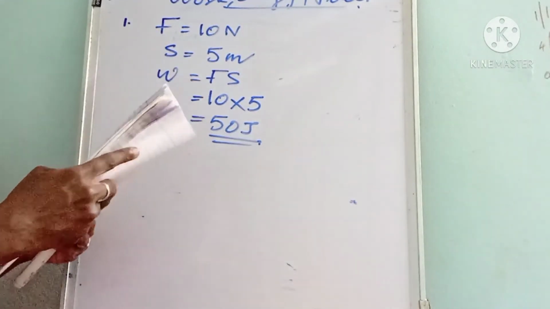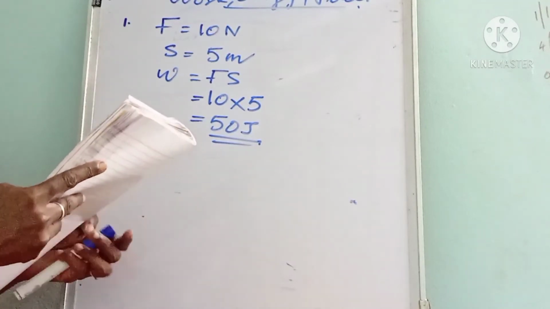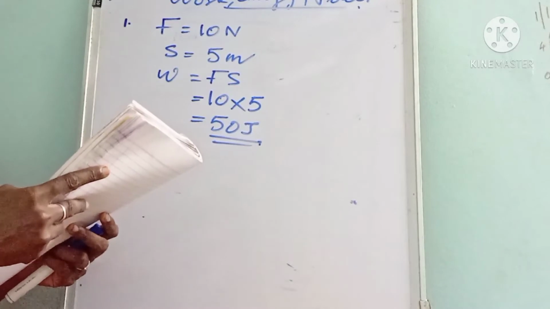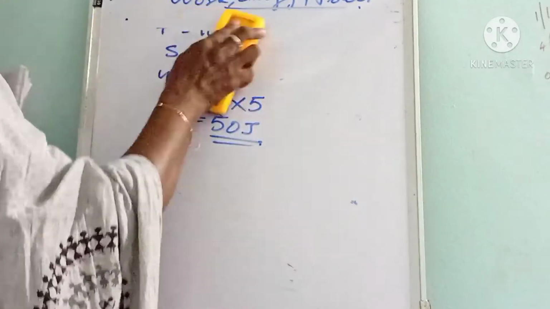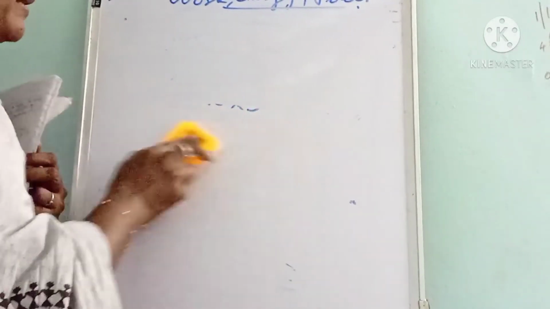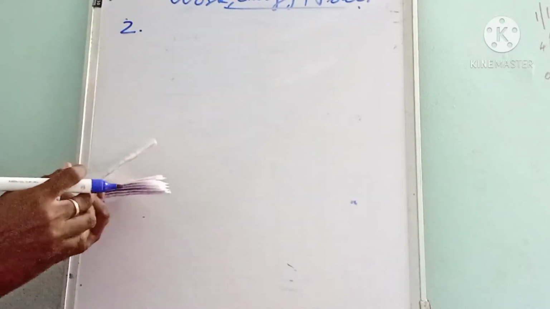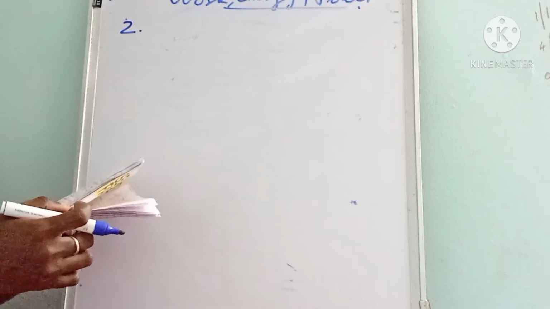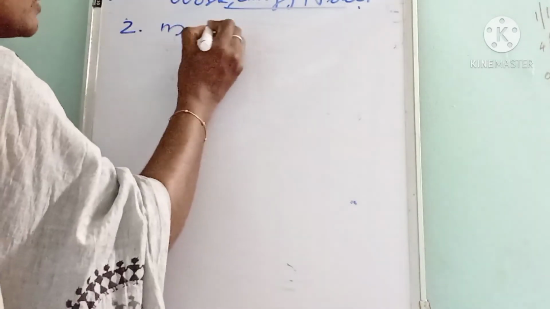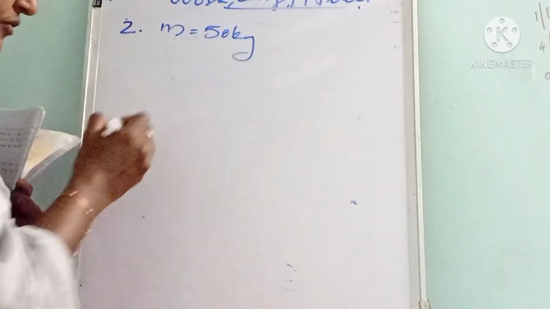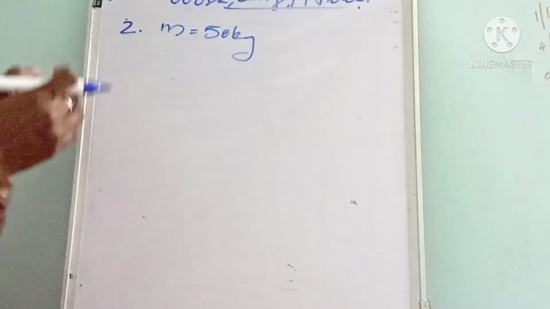The next question is, calculate the amount of work done in lifting a heavy load of 50 kg up to the height of 3 meter. Use g equal to 10 meter per second square. Here, mass is given as 50 kg, and it is lifted to a height of 3 meter.